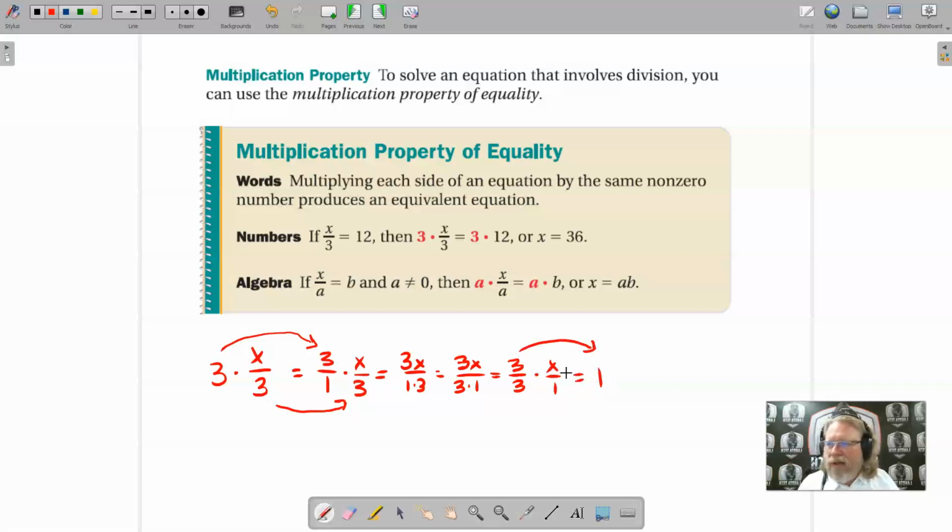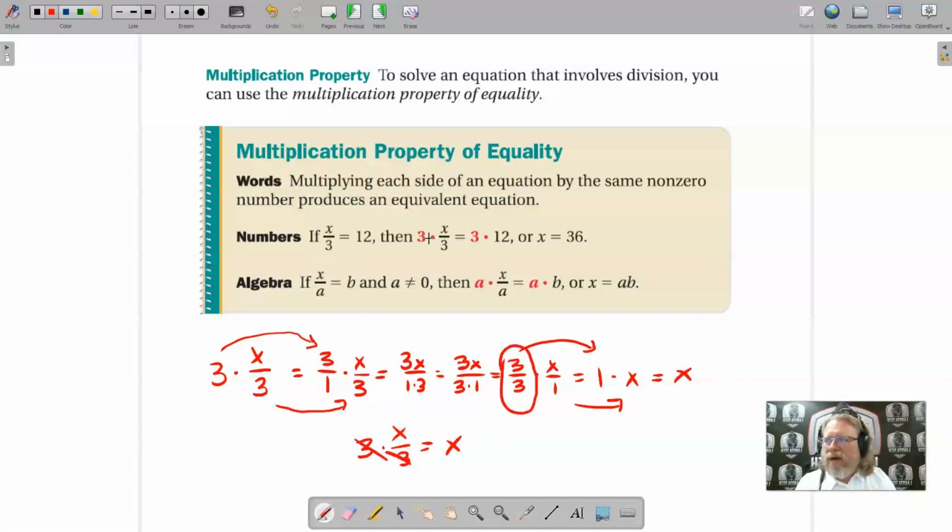And then any number divided by 1 is equal to itself, so this gives us 1 times x. And then anything times 1 is equal to itself, so I just get x. So that's why 3 times x over 3 is equal to x, because the 3's cancel each other, and we see that happening right here in that step.